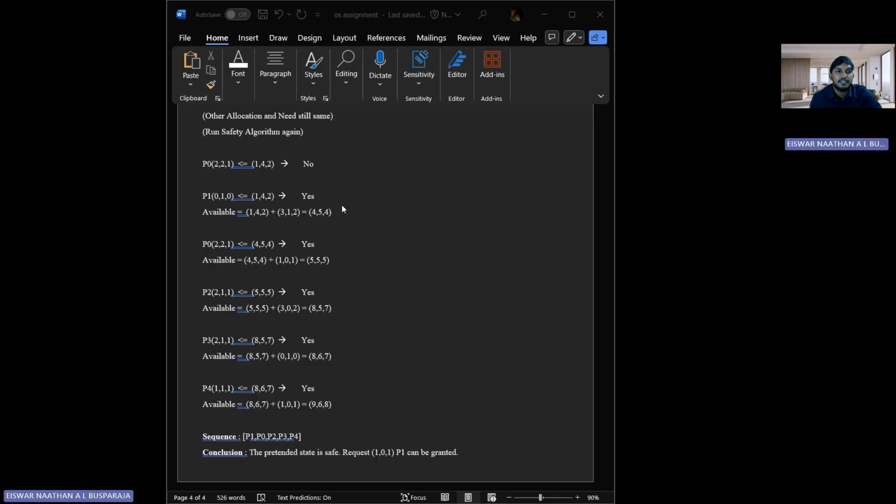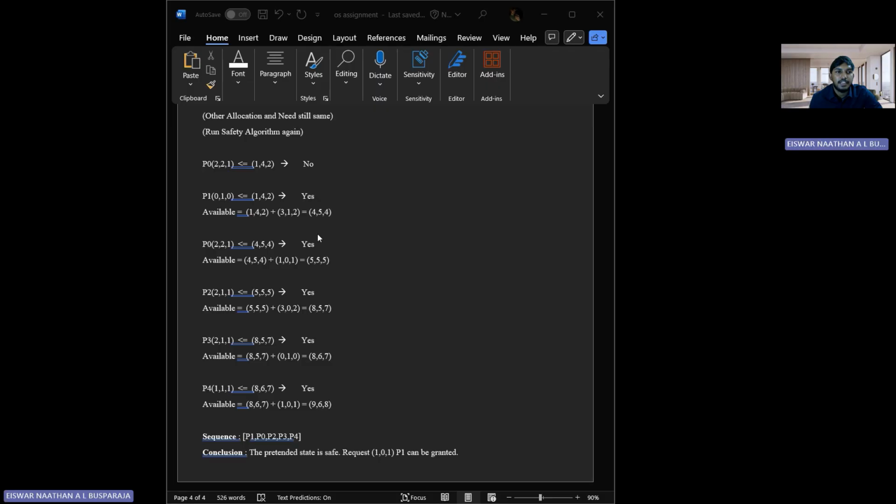Following that, we have to check P0 again, because just now P0 showed no. We have to make sure it is yes. Only then can we be sure the safety algorithm is good.